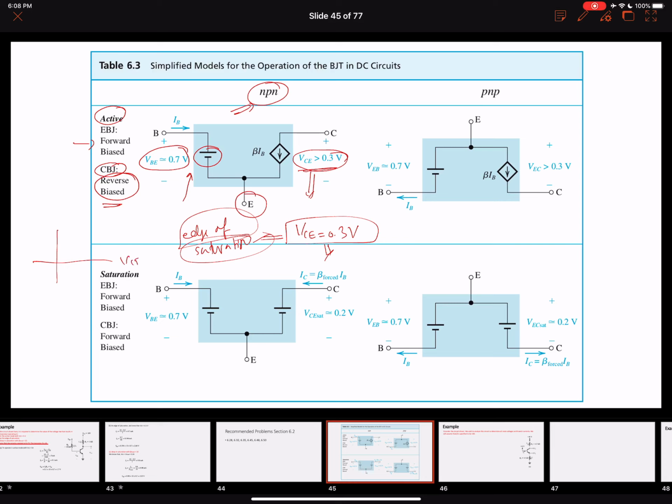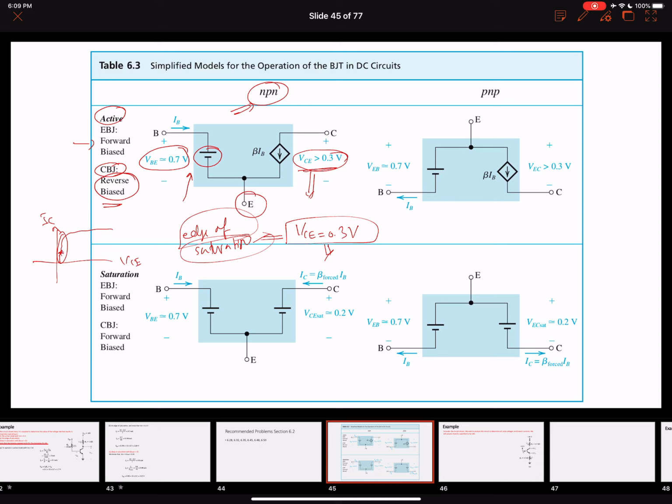If this is VCE and this is the collector current, we saw that in the saturation mode the collector current falls very sharply. As soon as our collector to emitter voltage gets further down to approximately 0.2 volts, it is very deep into the saturation mode.